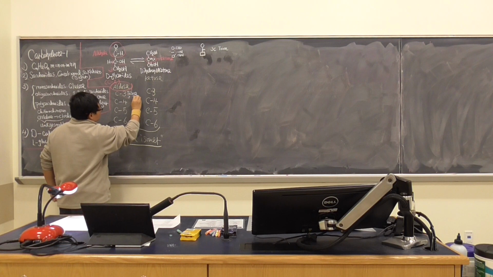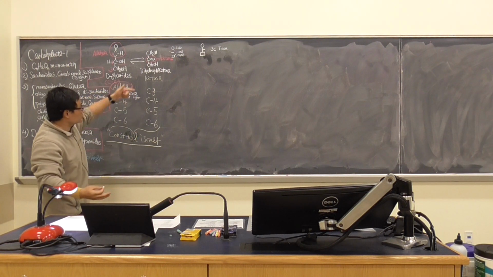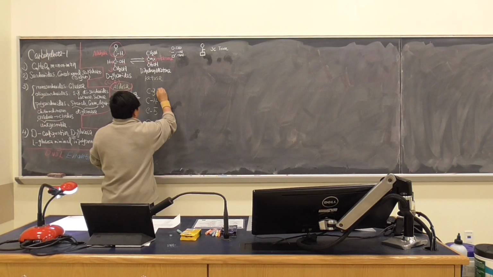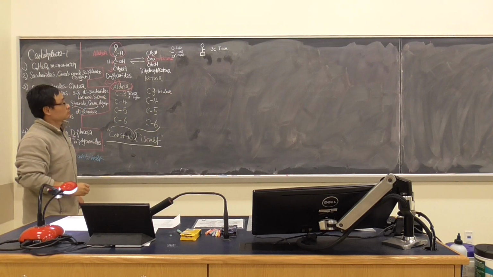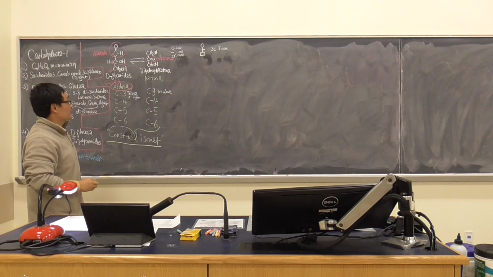OSE means sugar. But how do we differentiate aldose and ketose? You add UL there: triulose. That means it's a 3 carbon ketose.